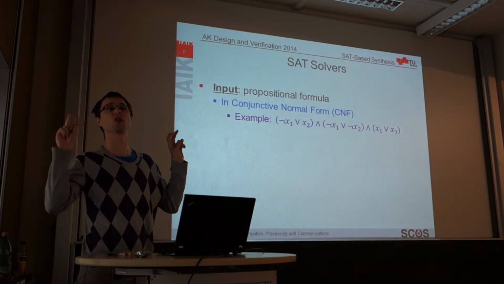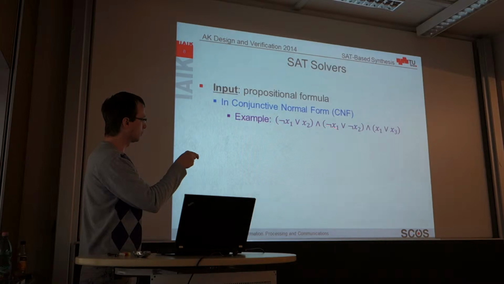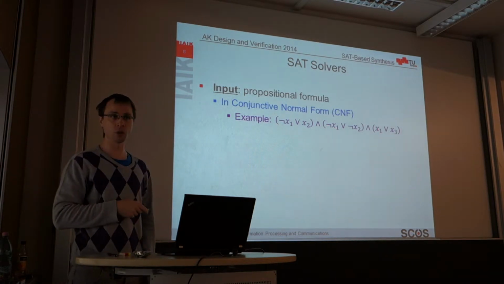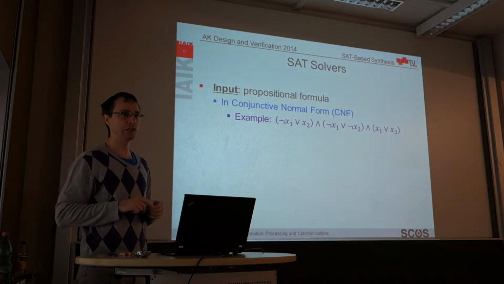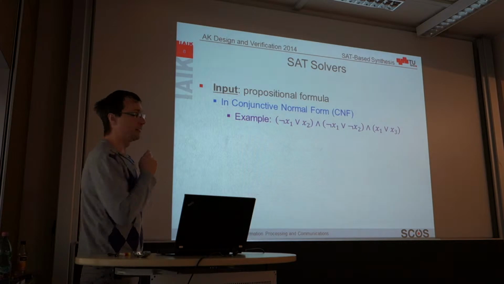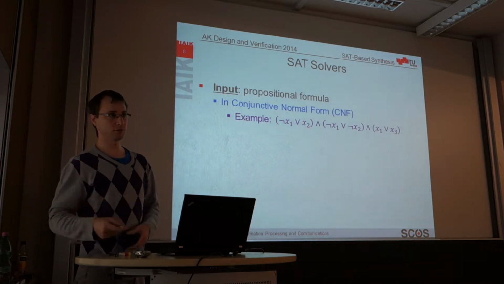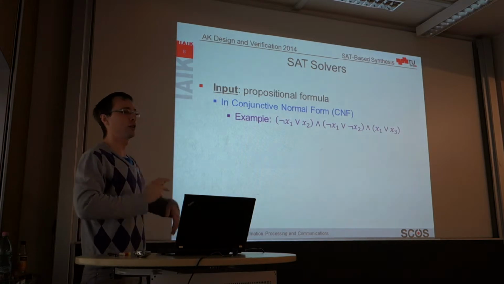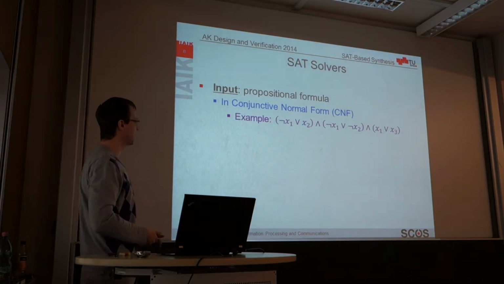Now, a so-called clause is always a disjunction of literals. So this is a clause, and this is also a clause. On the other hand, a conjunction of literals will always be called a cube. Now, a CNF is always a conjunction of clauses. So, as you said, a conjunction of disjunctions of literals, basically, just as written down here.